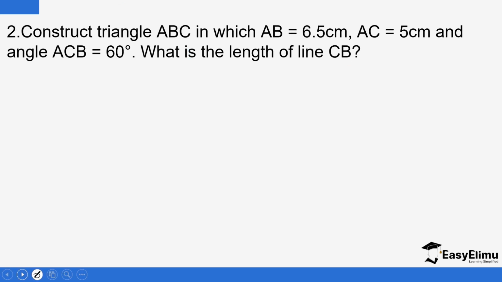So construct a triangle ABC in which AB is 6.5 centimeters. So again, I'll have to start with AB. So I will start with AB down here. So I will mark A, and then I measure 6.5 centimeters.